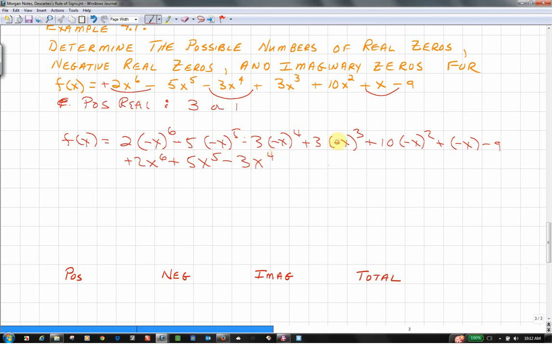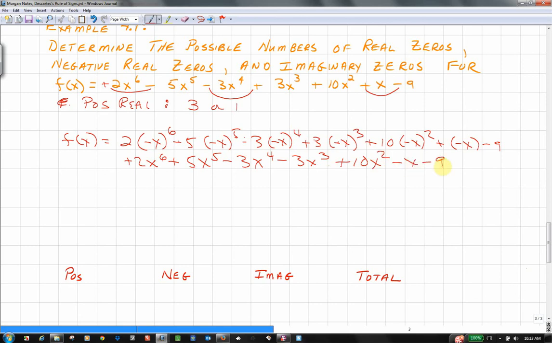A negative cubed is negative. The sign in front of the 3 is positive, so that would make that a negative 3x cubed. Negative squared is positive. It's a positive in front of there, so I got plus 10x squared. Negative x would make that a minus x, minus 9.